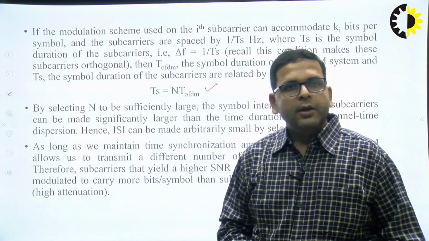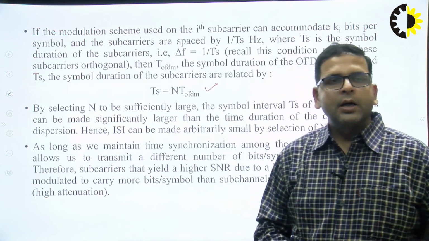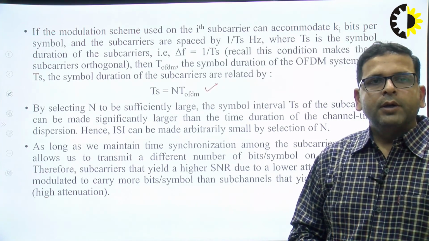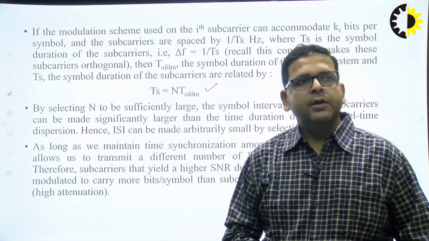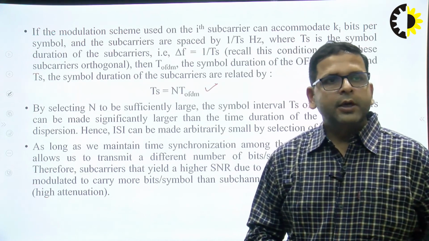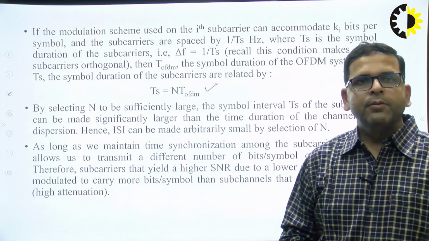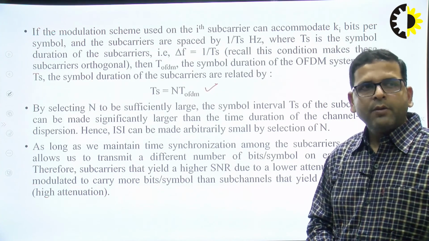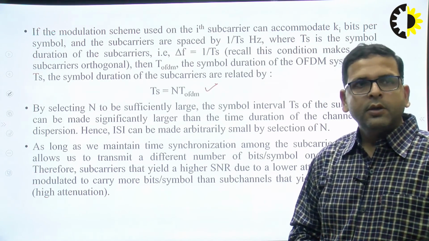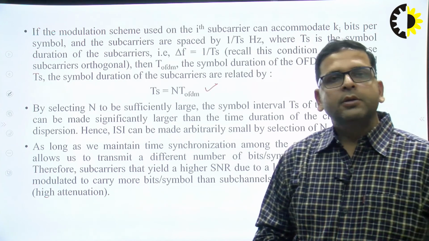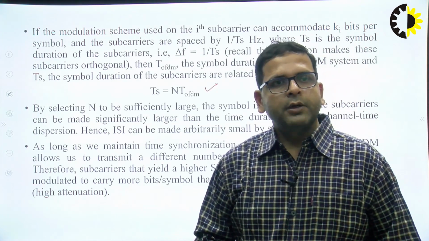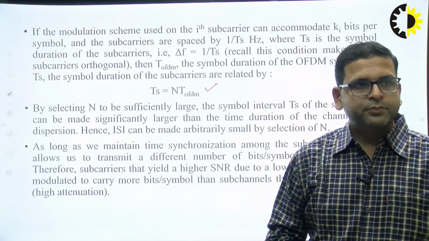By choosing n sufficiently large, the symbol interval Ts of the subcarriers can be made significantly larger than the time duration of channel time dispersion, which ensures the minimum effect of intersymbol interference.